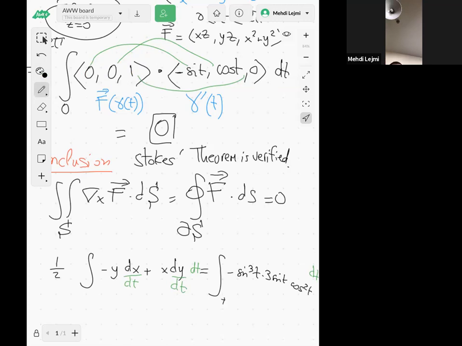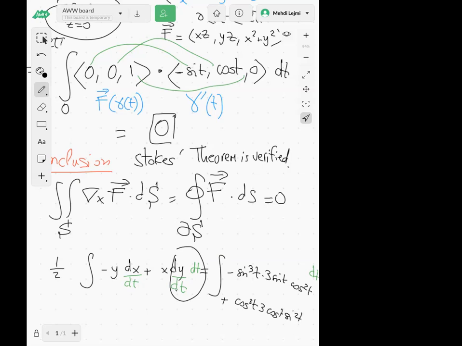Plus, then you have x, which is cosine cubed, and then dy, so dy dt, the derivative of y with respect to t. That's 3 cosine t sine squared, right? I think it's going to be like that.